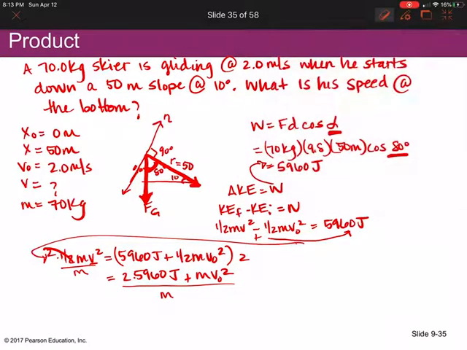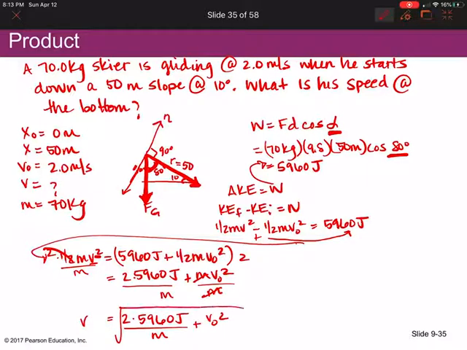Now, let me erase that a little bit. So you got to divide it by both. Well, what happens is you cancel that out right there. So you end up with 2 times 5,960 joules divided by the mass plus initial velocity squared.